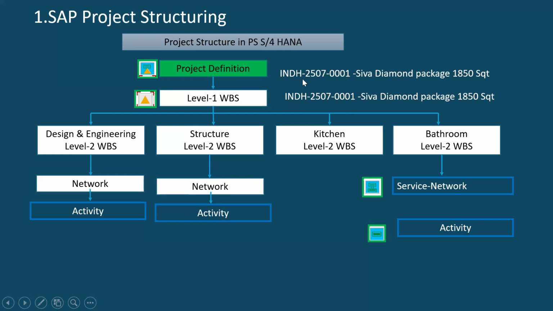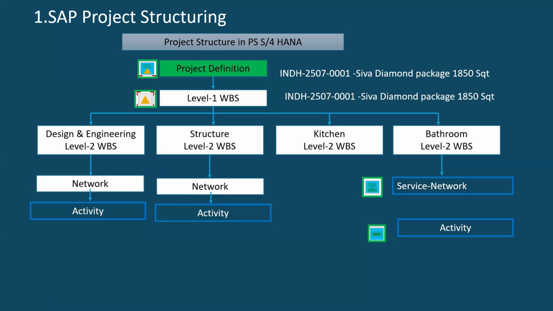But if he is creating the project for independent out, the first four characters must be INDH only, and he must also select the project profile as INDH only. If he selects a different project profile, or tries to create the project ID with INDH, the system should throw an error message and not allow him to save the project, so that the user can correct it and enter INDH again.